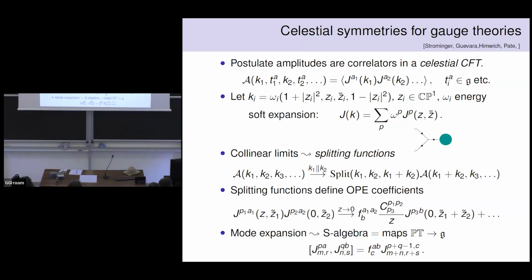And then in the celestial theory, the so-called splitting functions, which have been the bread and butter of amplitudes, become OPEs in the complex variable Z. As k1 becomes parallel to k2, these universal splitting functions correspond to the two points z1 and z2 becoming close together, and they would have to define an OPE for the J's, the currents that are meant to define the amplitude.